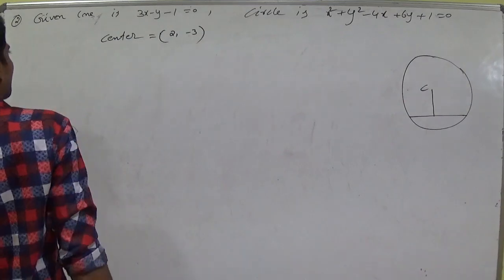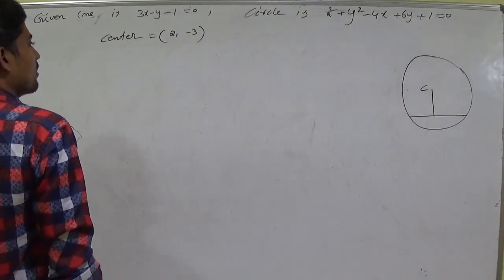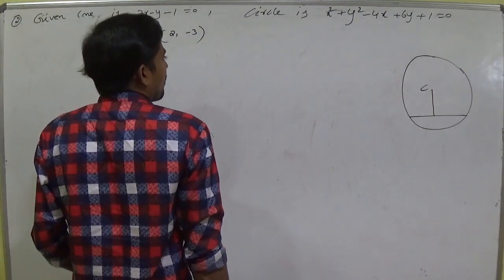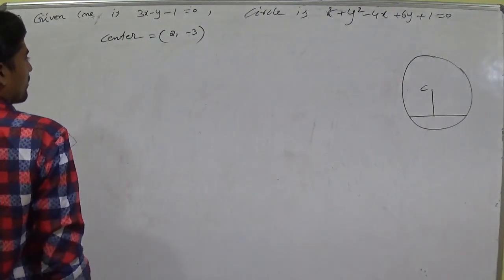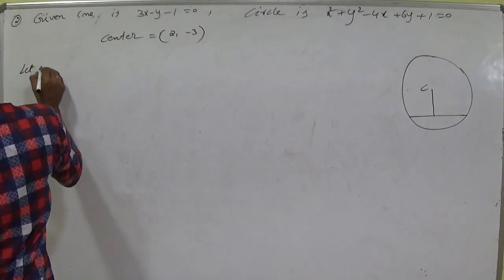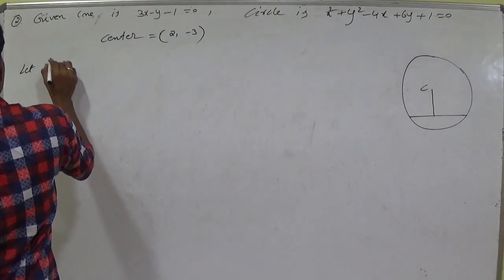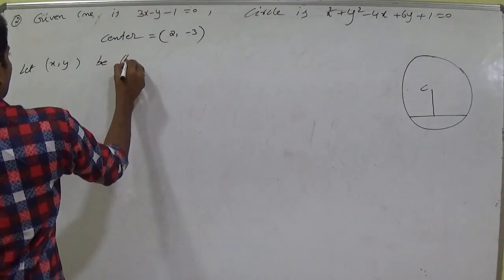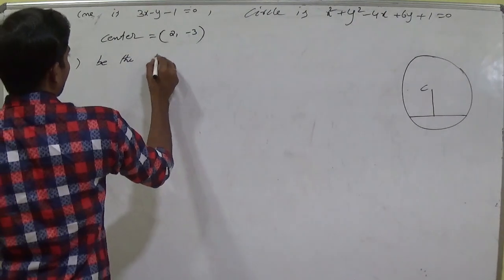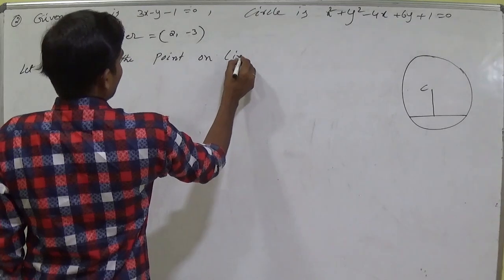So foot of the perpendicular from center to the point on the line. Let x comma y be the point on the line.